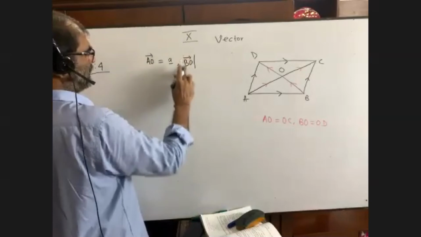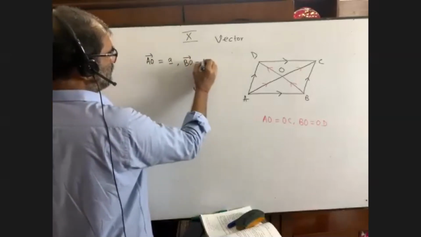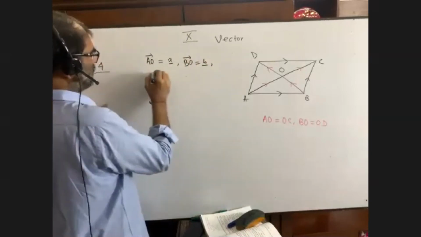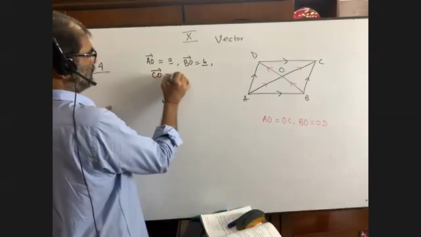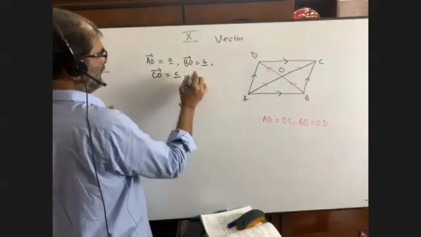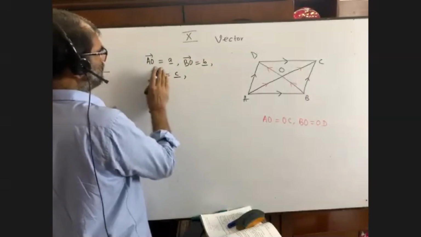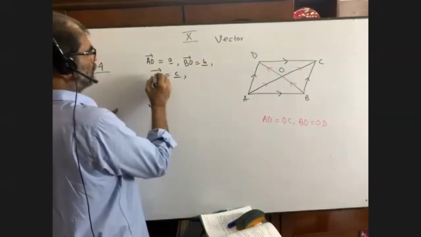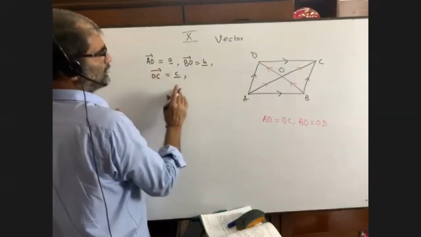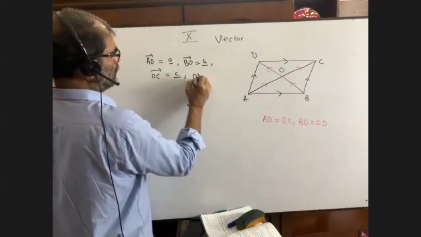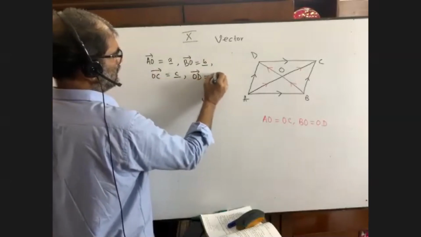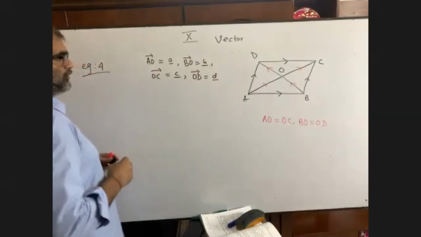AO equals to A, BO equals to B. CO equals to C and, not CO, OC equals to C and OD equals to D. They have taken it. So what is to prove here?